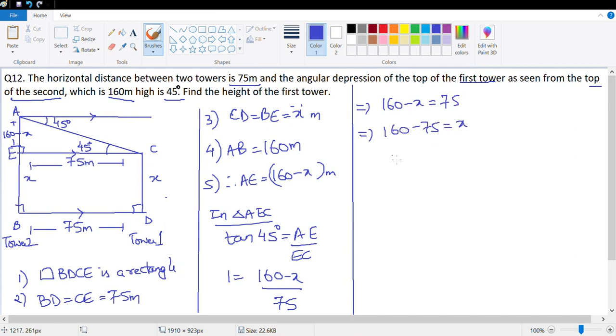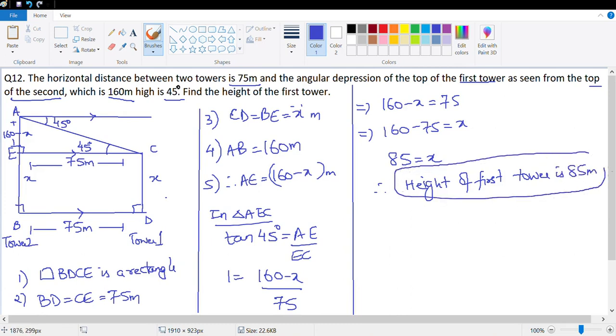That is 85 is equal to x. Therefore, height of first tower is 85 meter. Very simple question, done.